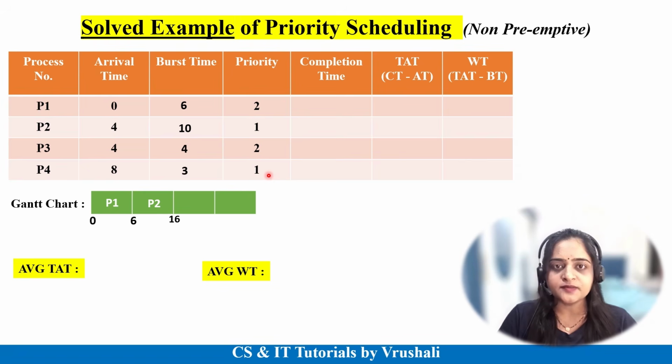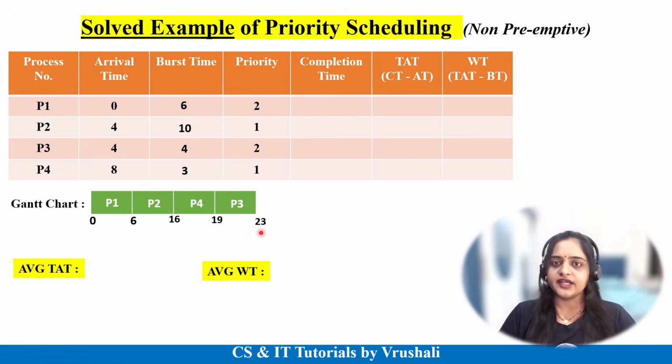Which one has the highest priority? The P4 process, right? So after P2, the CPU is executing P4. What is its burst time? 3. 16 plus 3 equals 19. Clear? So after P4, only one process remains, that is P3. So at the end, the CPU is executing P3. What is its burst time? 4 units. So 19 plus 4 equals 23.